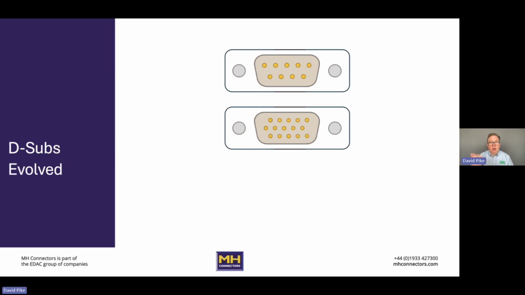So in this case, the 9-way shell all of a sudden has 15 contacts in it. And throughout the whole range, the same increase in pin count can be seen. So the 15-way D sub, for example, has 26 pins in its high density variant. So the idea is that we are having an increase in density, an increase in number of pins, and a more capable connector. And these two have been very, very popular.